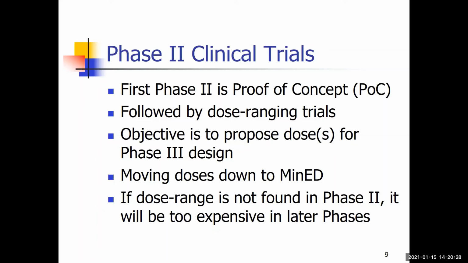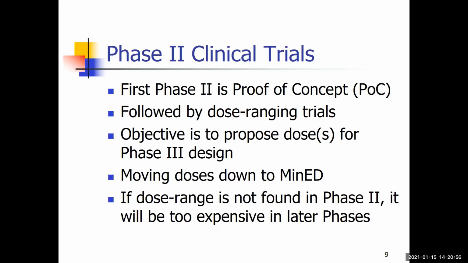So it is critical at this stage to know that the design thinking is how to make a go, no-go decision. All right, only when the high dose is efficacious, then it makes sense to continue to develop the drug. And then you start looking at dose range, you try to see lower doses, responses and stuff like that.